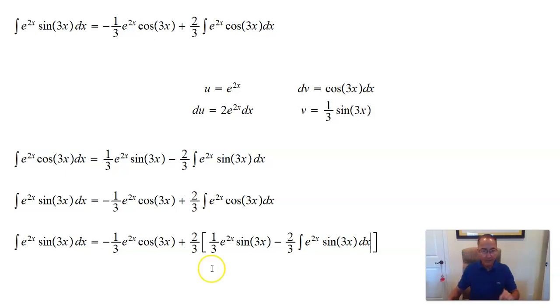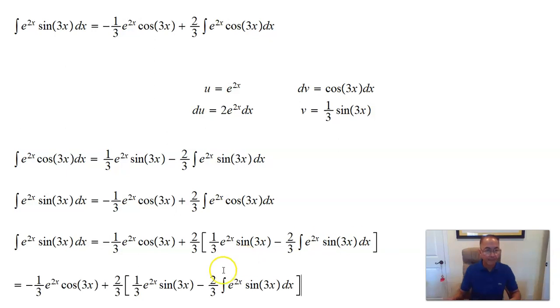Let's distribute the 2/3 through the brackets. So we are going to get 2/3 times 1/3 is 2/9. We're going to put the 9 here. And we got that first factor accounted for. 2/3 times minus 2/3 is minus 4/9.